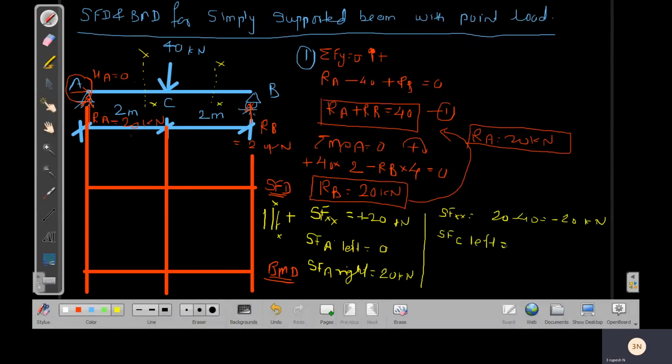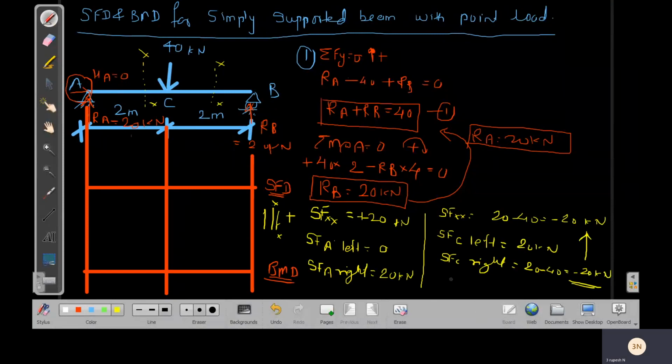If you find the shear force to the left, we will get the value just to the left is 20 kilonewton. See, this RA is constant, so on the left your value is 20 kilonewton, and just right is your shear force at C towards right. When you evaluate towards right, just right the 40 kilonewton force is acting. So this is your 20 minus 40, equal to minus 20 kilonewton. Okay, so this is your value.